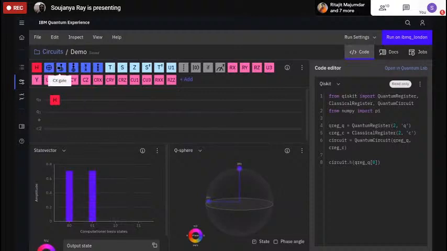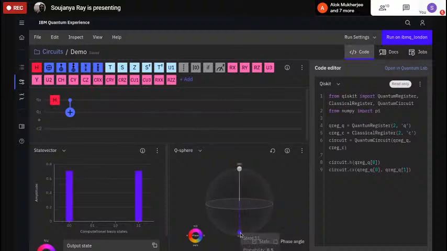And then you have to put a CNOT gate such as this, and then you will see you just have 2 qubits, both in the state of 0,0 and 1,1. So this is an entangled state where both qubits are in either the 0,0 state or the 1,1 state with 0.5 probability, and you can see the phase angle here.